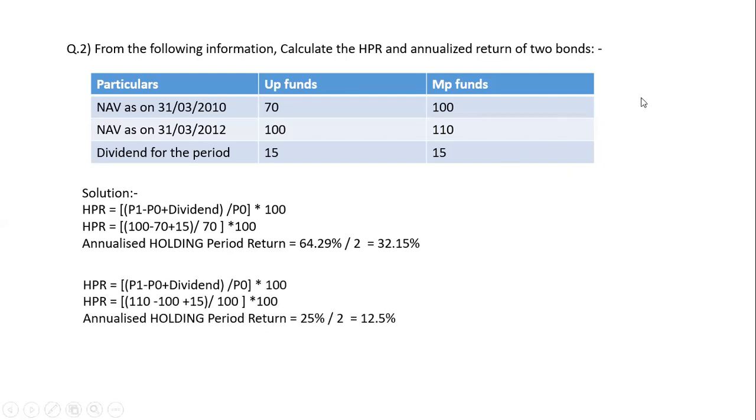Next. Next also we have to do in the same way. 110 minus 100, selling price minus purchase price, plus 15, divided by 100.